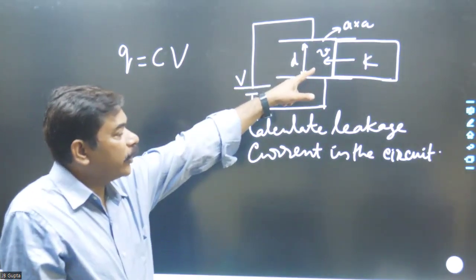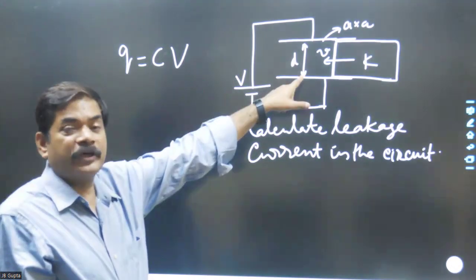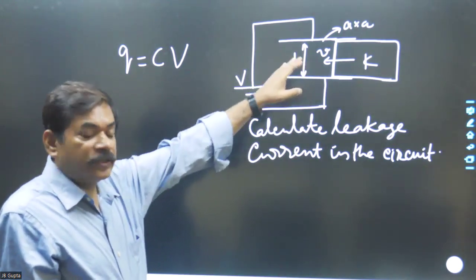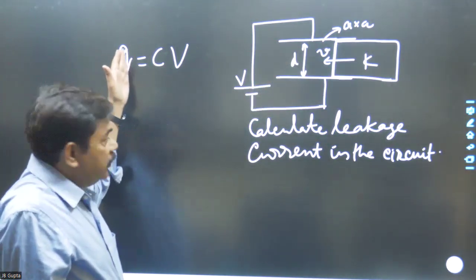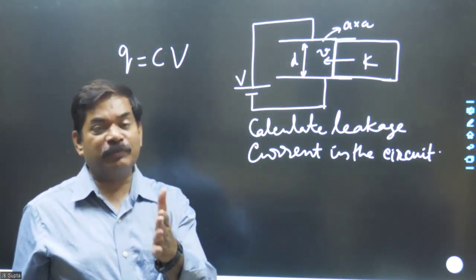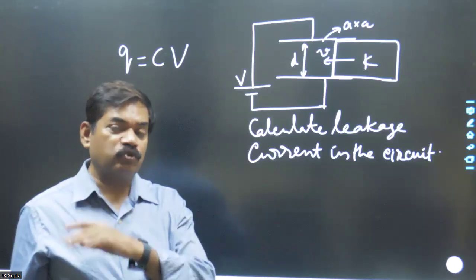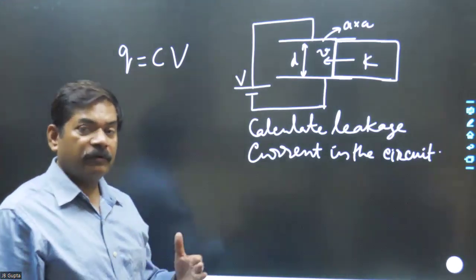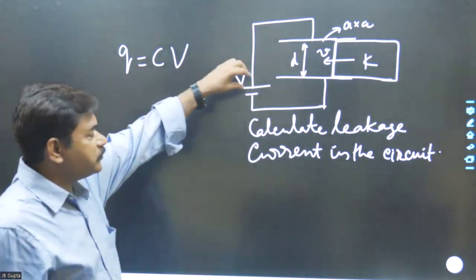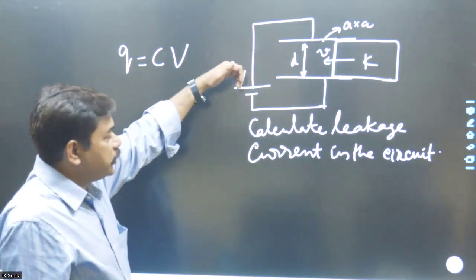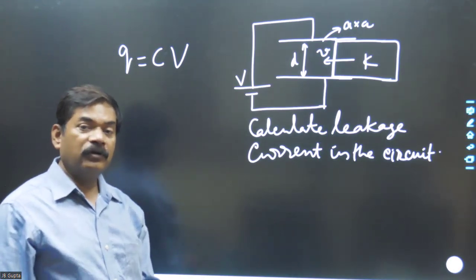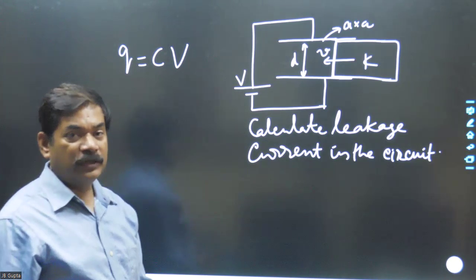As more and more dielectric comes inside the capacitor, its capacity will increase, so the charge will increase at the same rate, multiplied with V. If the charge on the capacitor increases, more charge flows from the battery towards the capacitor, and that is called current. Current caused in this way is called leakage current.